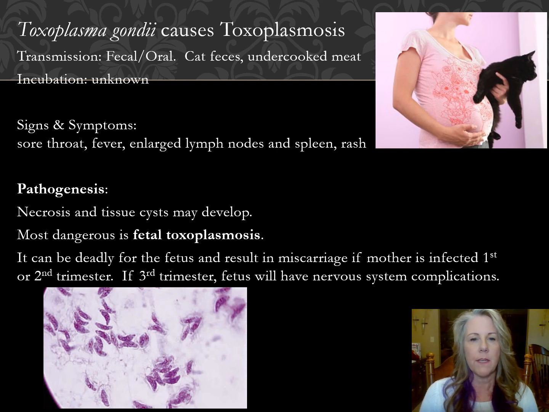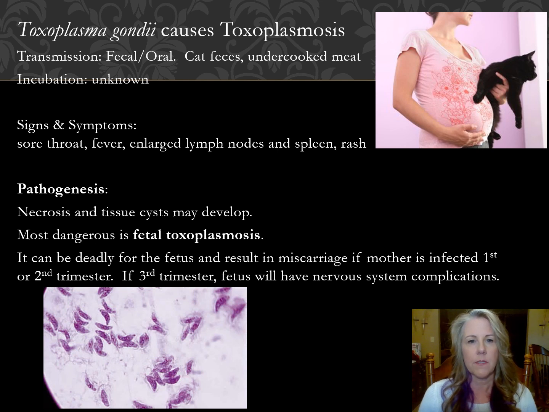Eating undercooked meat is also a way of transmission. Hosts include, technically, mice, rats, cats, and pigs. Incubation is unknown. We don't really know how long the incubation is. What we do know is that protozoa are pretty wide and varied, so this one probably is as well.